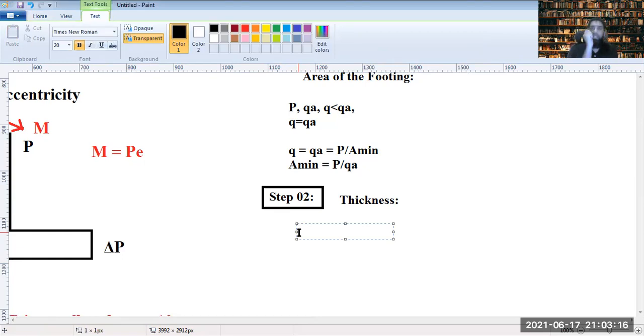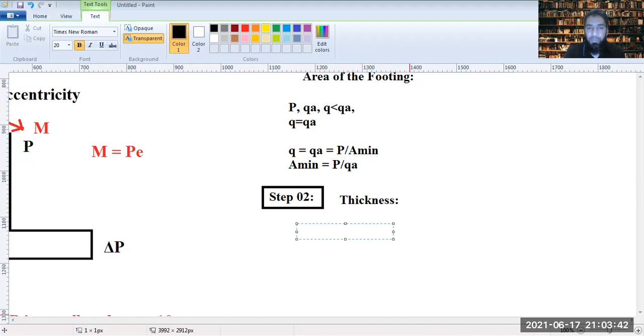Is it 2 is to 1? Do you take 3 is to 1? It's very important to have a consistent length of the footing so that you have a proper design. Now, how do you take a consistent length of the footing?